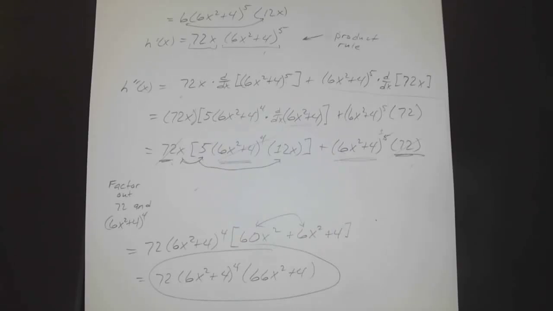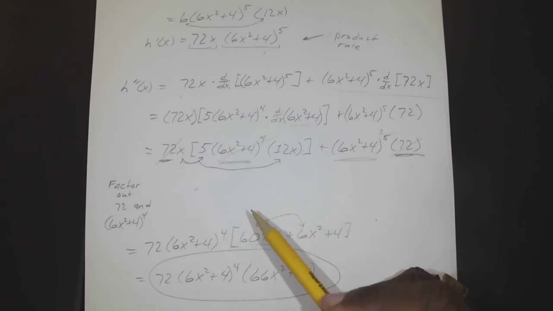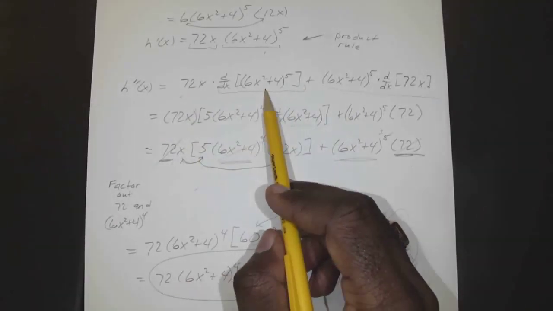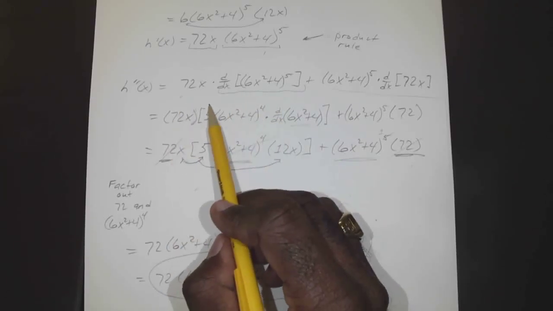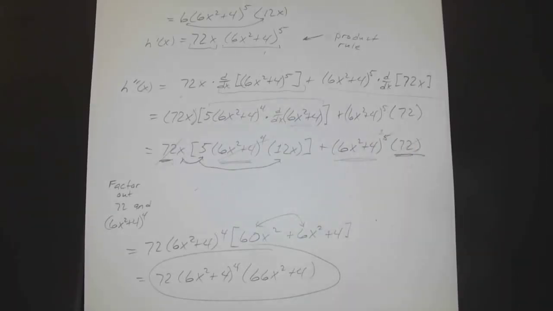I see. And then from that 12x, that would be 5x times 12x, which would get 60x, and you would still get plus, right? So it'd be 60x plus 6x squared plus 4. Yep, but remember, 72x times this is just 72x times that, so the 72x doesn't go to those two.